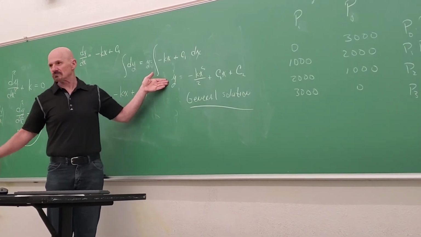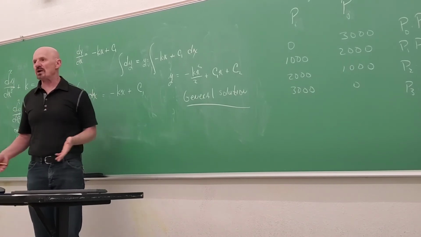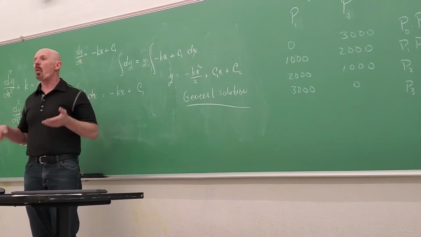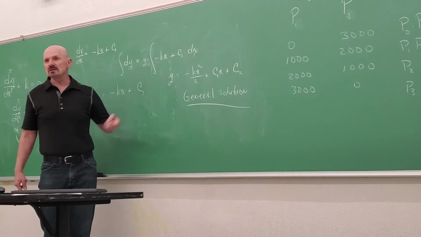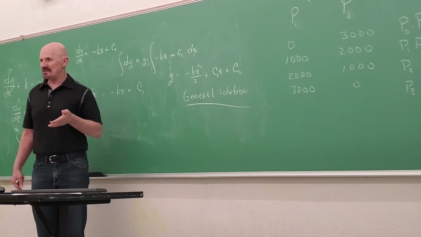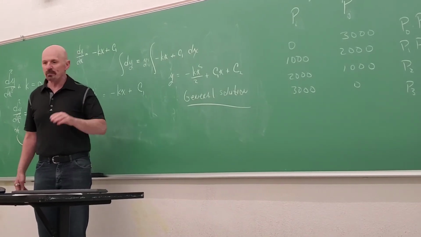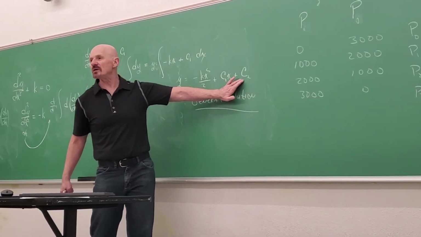So if x were time, for example, and this were an equation that gives the distance y as a function of time, what is the height y when time is 0? It could be at the ground, or it could be 50 feet up, or whatever. That would determine what this is.